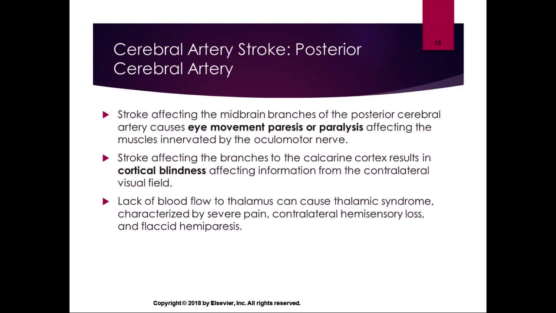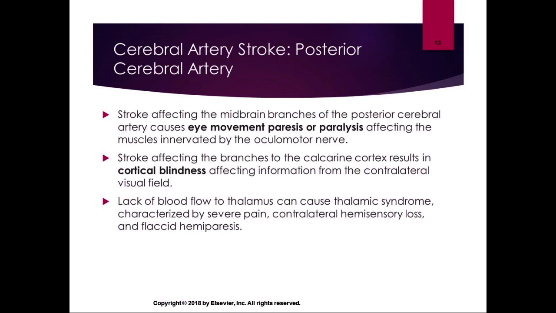Posterior cerebral artery, the posterior part, we might get eye movement paralysis because it affects the oculomotor nerve, but the hallmark symptom when it affects the occipital lobe is cortical blindness, because we're messing with the cerebral cortex area that processes visual information.